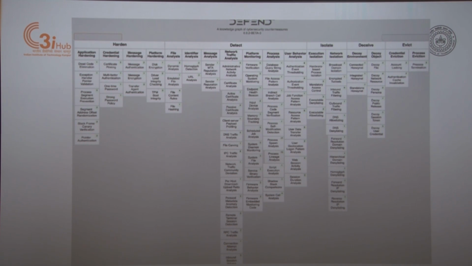Message hardening: message authentication, message encryption, and API security would fall under message hardening here. Platform hardening: you do disk encryption, you do integrity checking, like we were seeing, verification of the binaries and their signatures and so on.